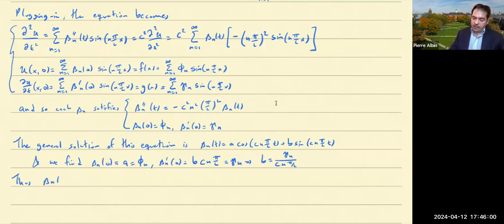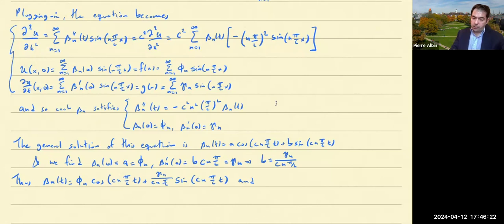So we've found beta n of t. It's phi n cosine of c n pi over L t plus gamma n divided by c n pi over L times sine of c n pi over L t.